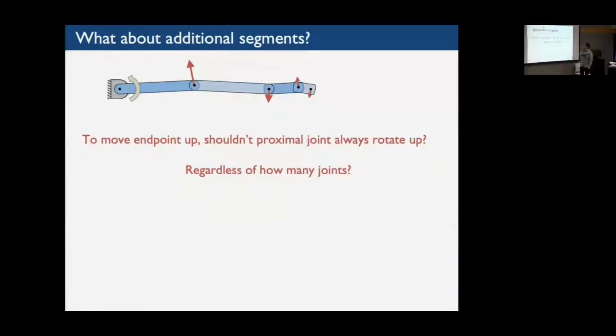Or maybe I shouldn't say always, but just thinking in terms of daily life, wouldn't you expect to use the proximal joint in that direction? And isn't that true regardless of how many joints? I'm intentionally oversimplifying this, but the question is, I want to move the tip of my finger up, and most ways that I do this involve using my deltoid in that direction.